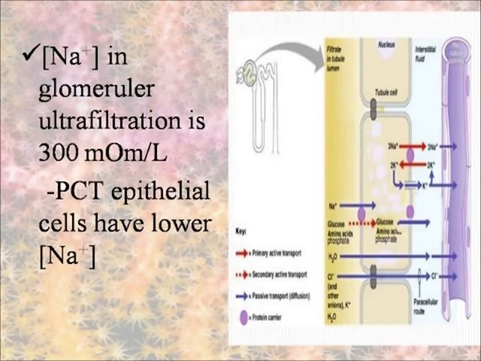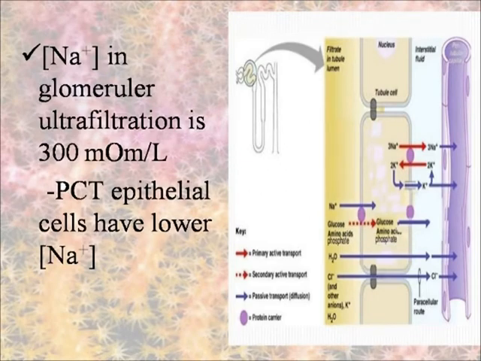At the proximal convoluted tubule, epithelial cells have lower sodium ion concentration. Due to low permeability of the plasma membrane to sodium ion, active transport of sodium ions out of the cell by sodium-potassium ATPase pumps favors the sodium ion concentration gradient. Thus, sodium ions diffuse into the cell.